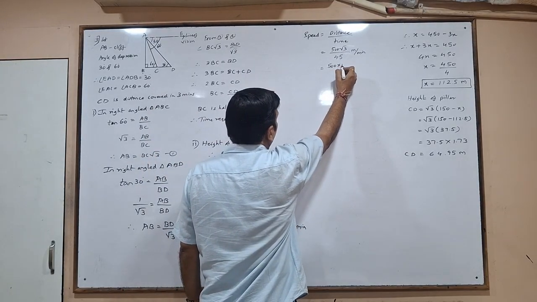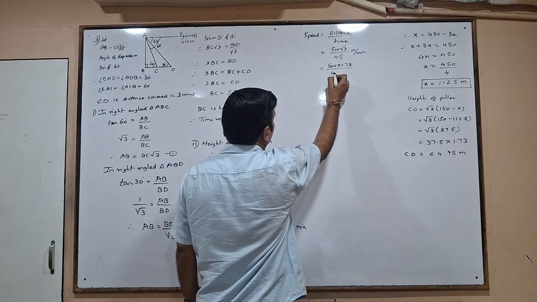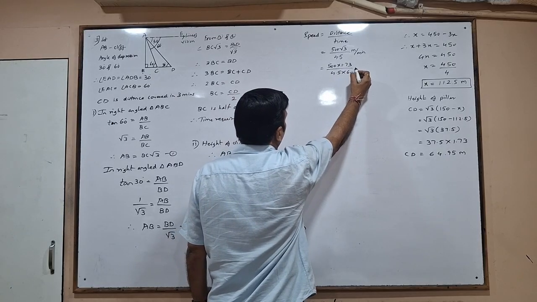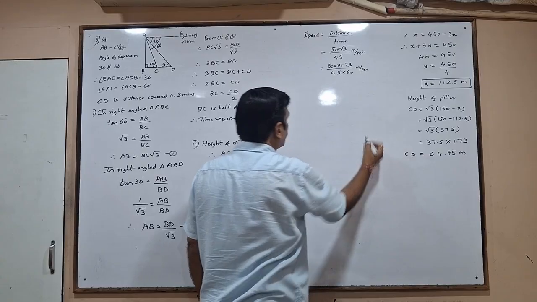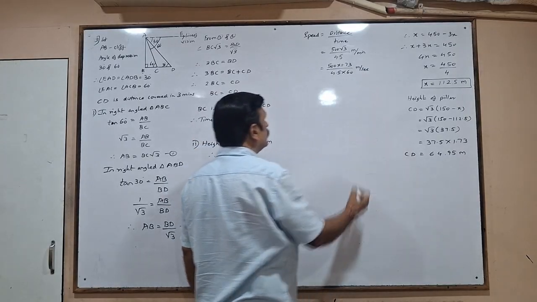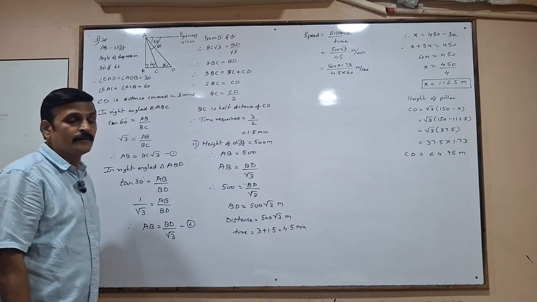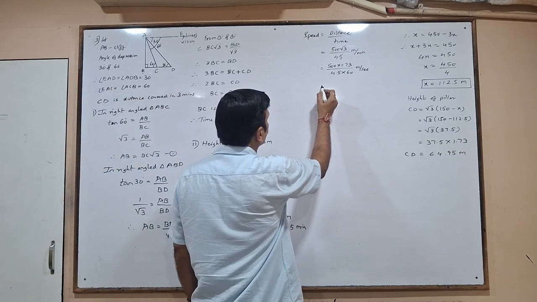So it is 500 into 1.73 upon 4.5 meter per second. 1 minute is 60 seconds. Now we do the cancellation.